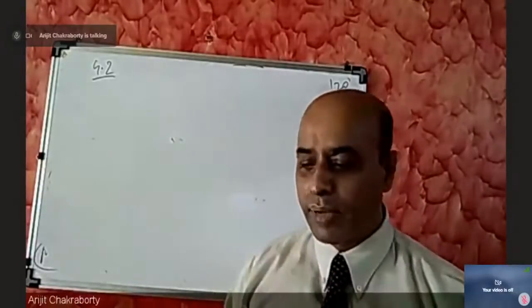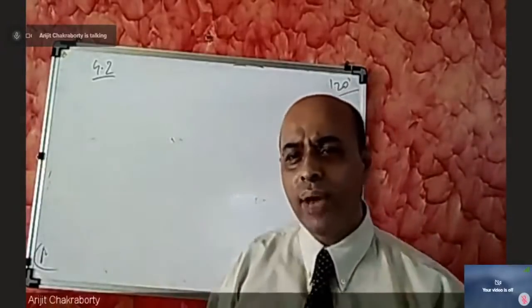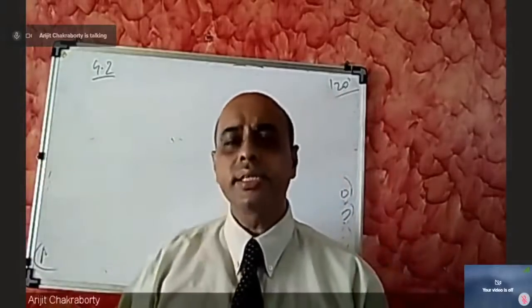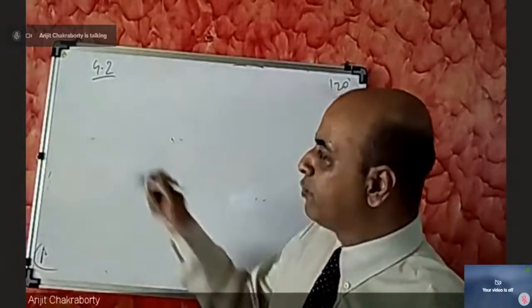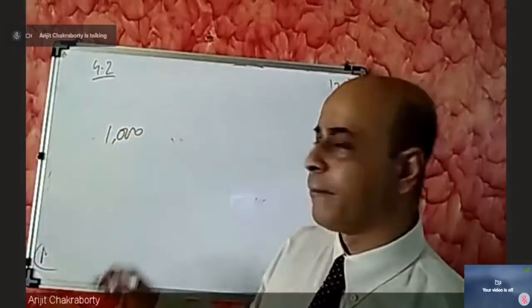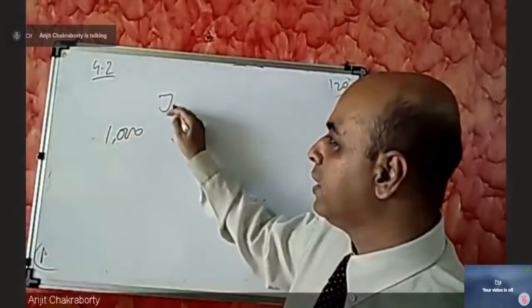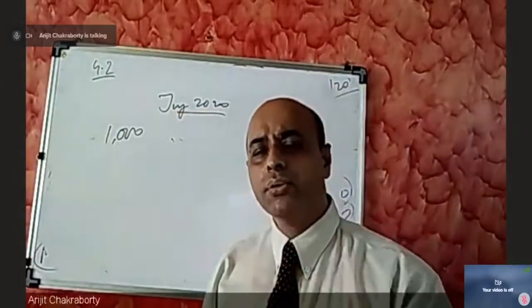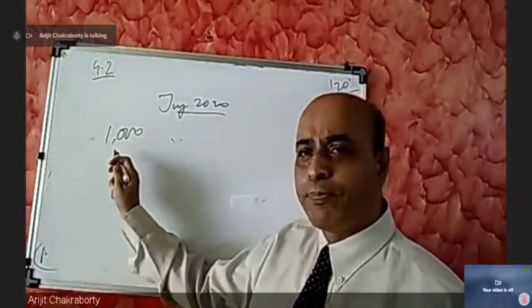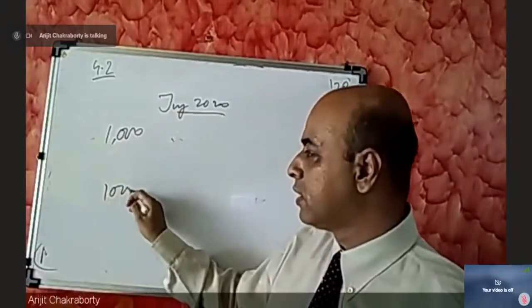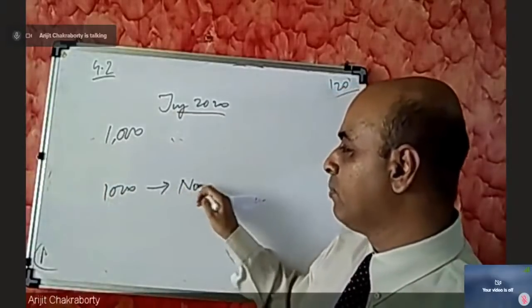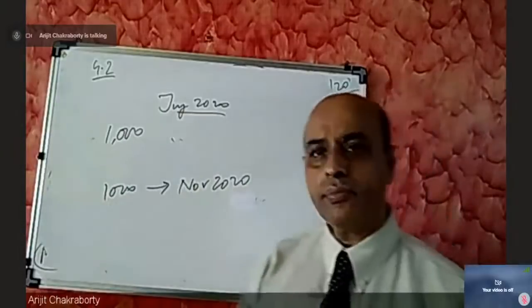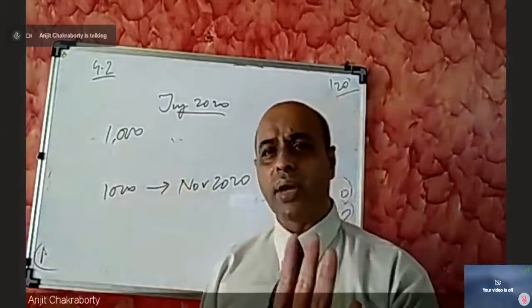Okay, now we go to the main example. So time value of money means what? It is the fact that if I give you rupees 1,000 today, say in July 2020, and if I tell you that I will pay you 1,000 rupees in the month of November 2020, both the amount is 1,000.